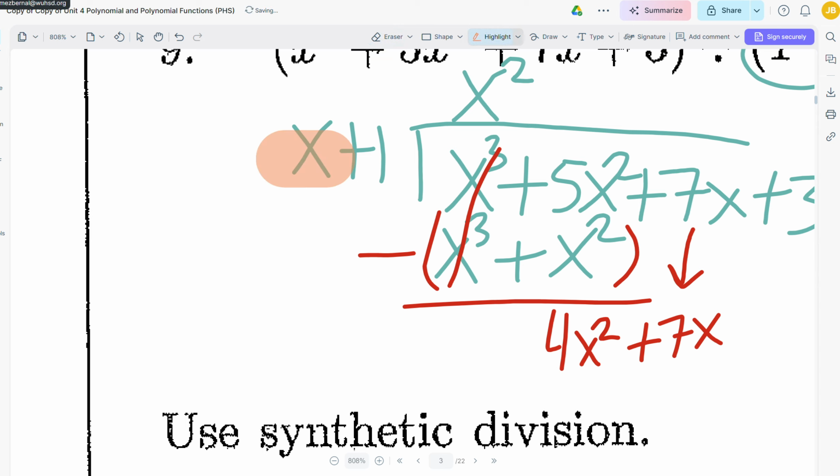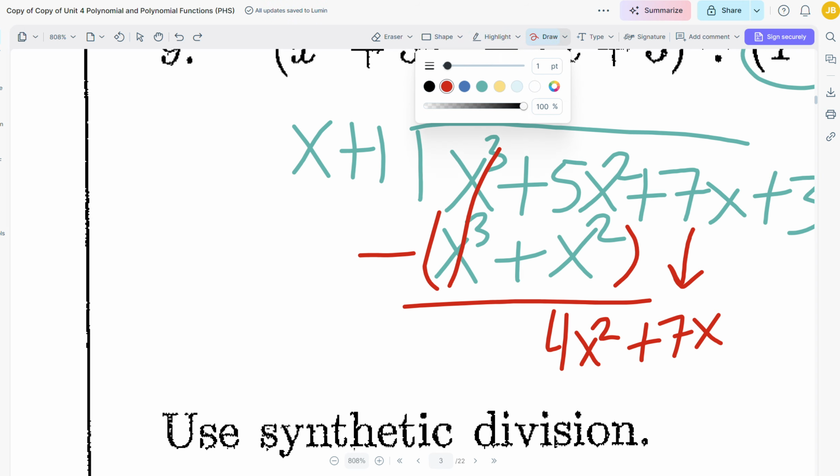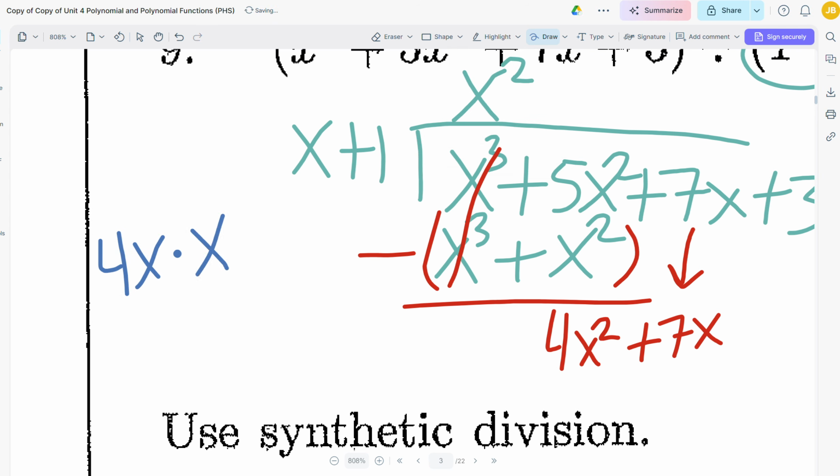So I need to make my x into a 4x squared. I know x times x is x to the power of 2, so that's going to give me the x to the power of 2. And I need to multiply by 4 to make it 4x squared. Let me show you again what I mean up to the side. 4x times x, remember this x is the same as that x there.